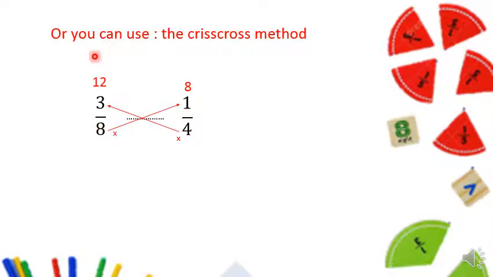Now, just compare the answers. Which is greater, 12 or 8? 12 is greater than 8. So we can say that 3 over 8 is greater than 1 over 4. You can use this method to compare two fractions having different numerators and different denominators.